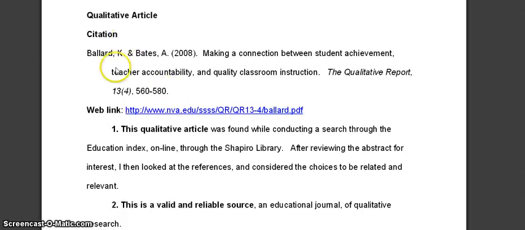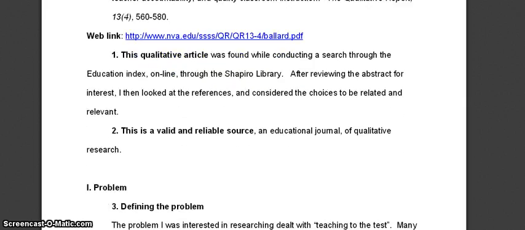Okay, this is the article in APA formatting, and they gave a web link there. Then it asked, and this was one of the questions, where was it found? Was it valid and reliable? And again, just leave these numbers off. Just bring this all the way over to the left.